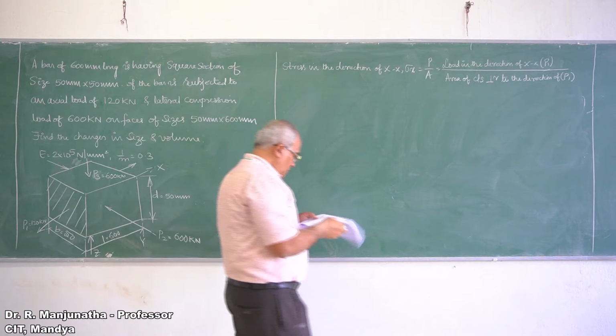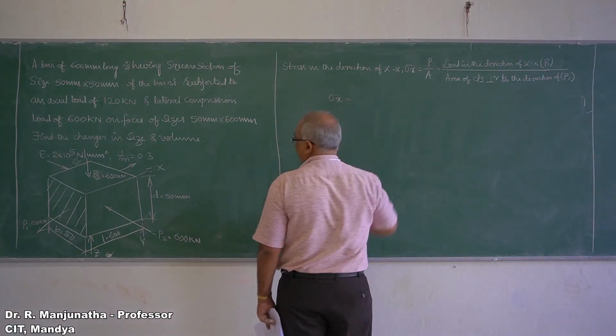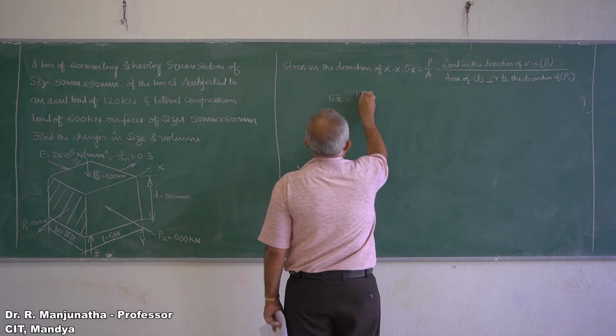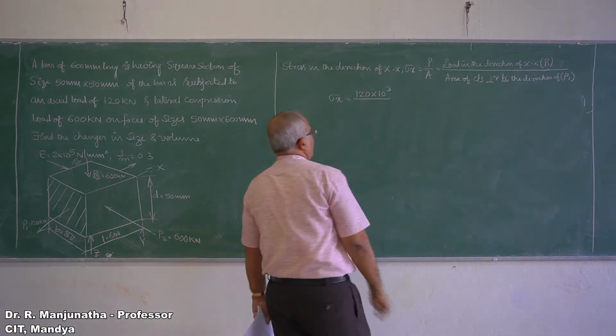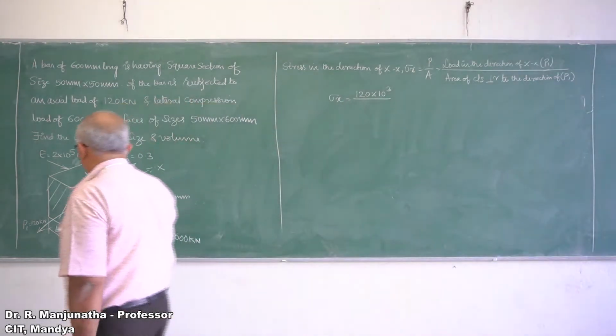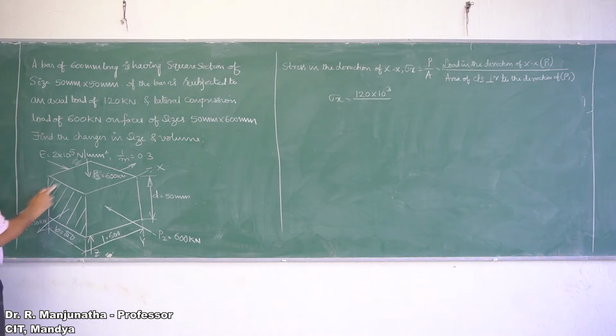Now sigma x: the load applied is 120 kN, which is 120 times 10 to the power of 3, divided by the area of cross section perpendicular to the load applied, which is 50 by 50. This is the cross sectional area we are talking about.